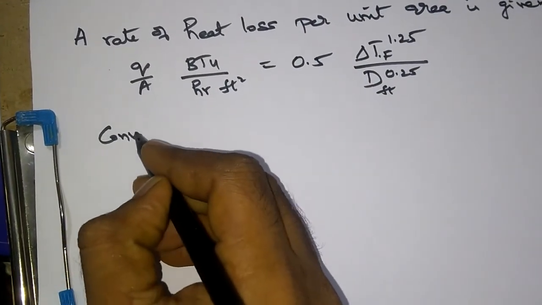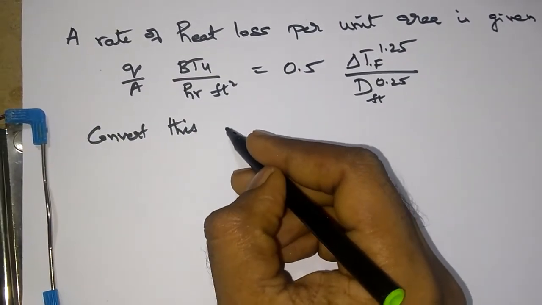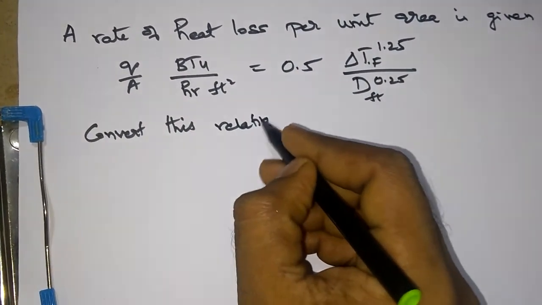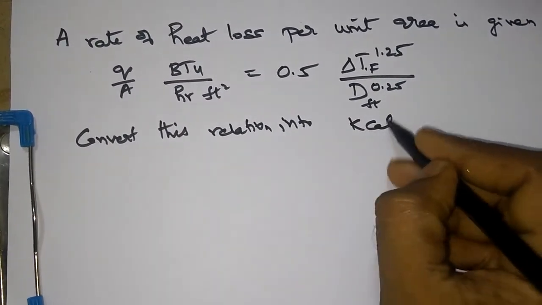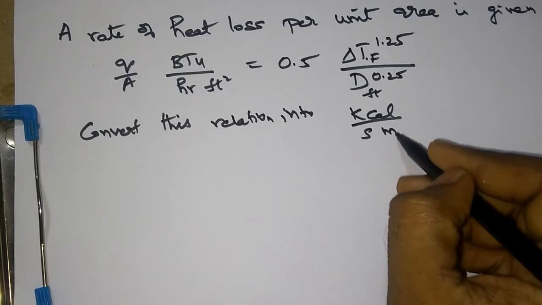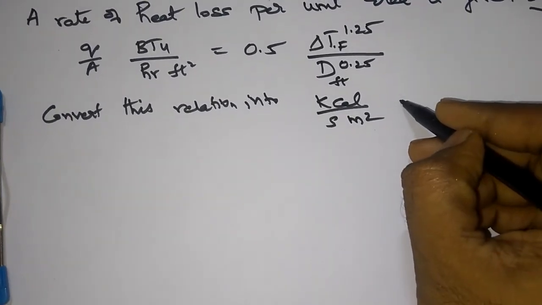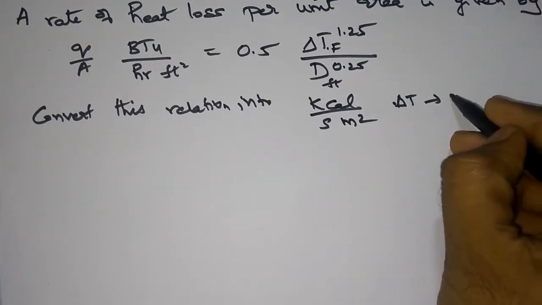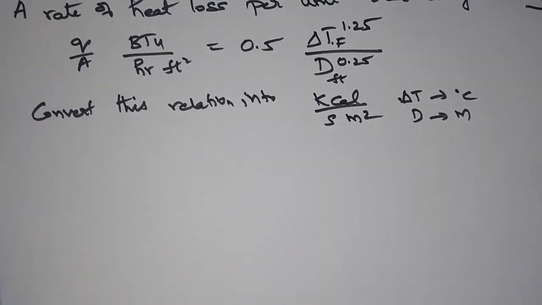Convert this relation into kilocalories per second meter square, where delta T is in degree Celsius and D is in meters.